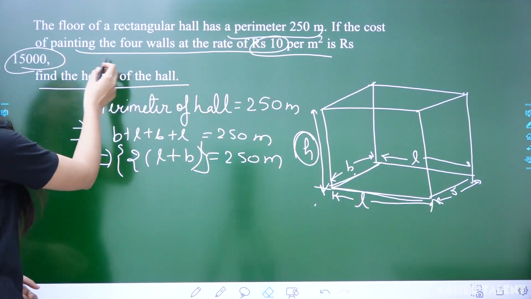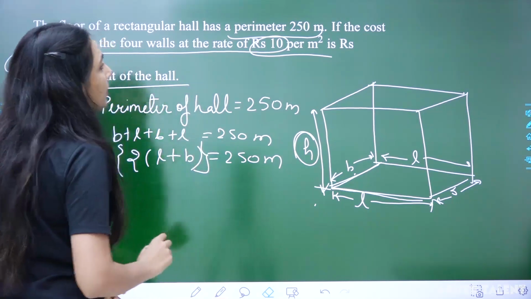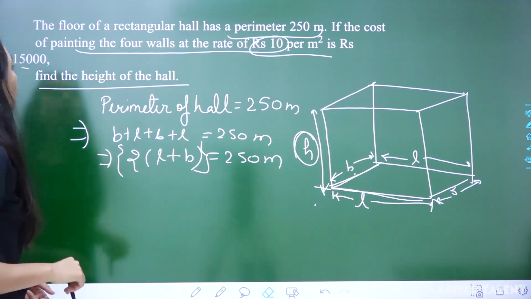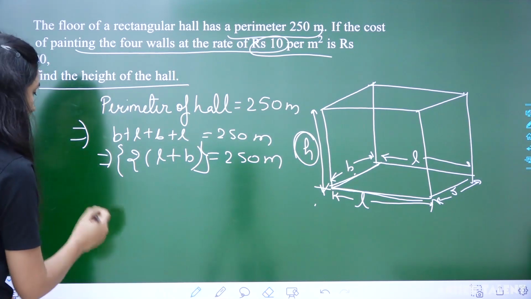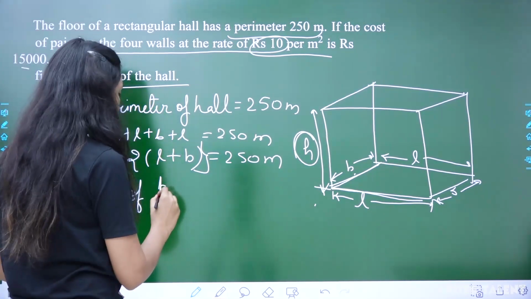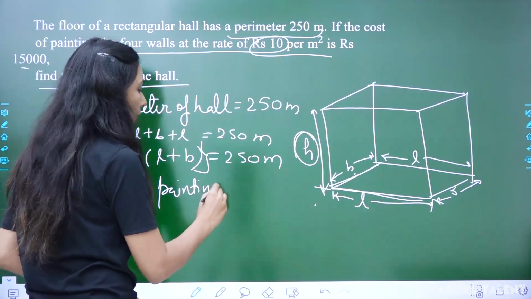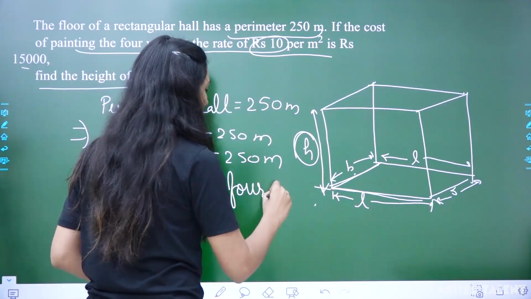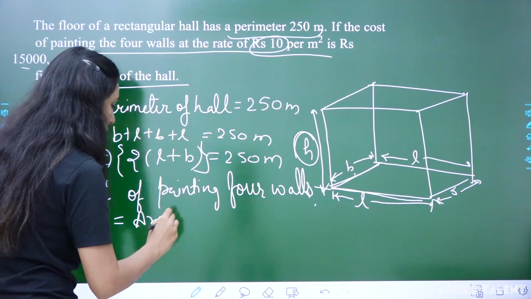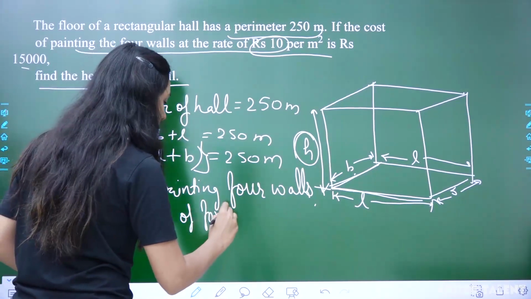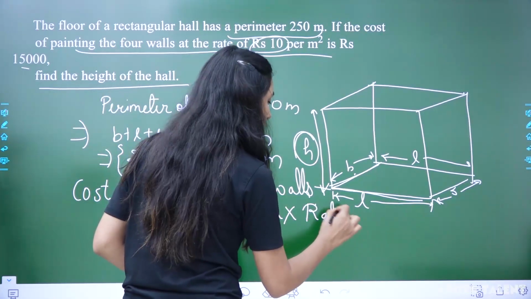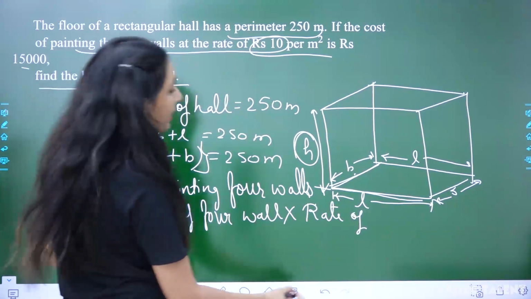It's saying that the cost of painting the 4 walls at the rate of rupees 10 per meter square is 15,000 rupees. Cost of painting 4 walls is equal to the area of 4 walls multiplied by the rate of painting.